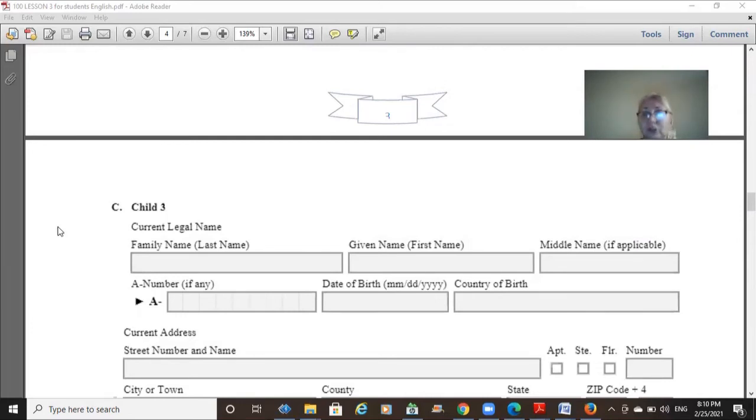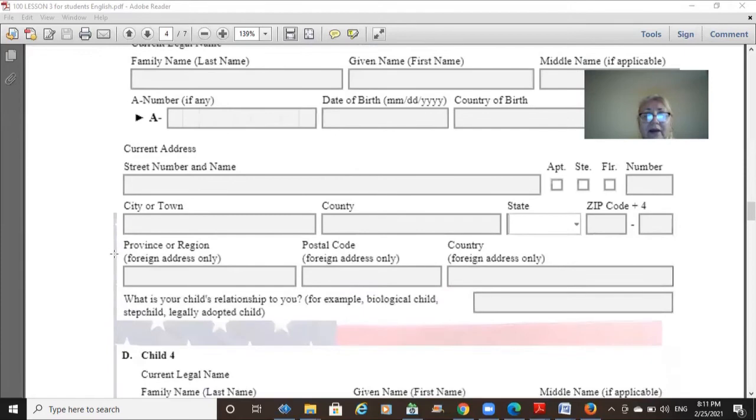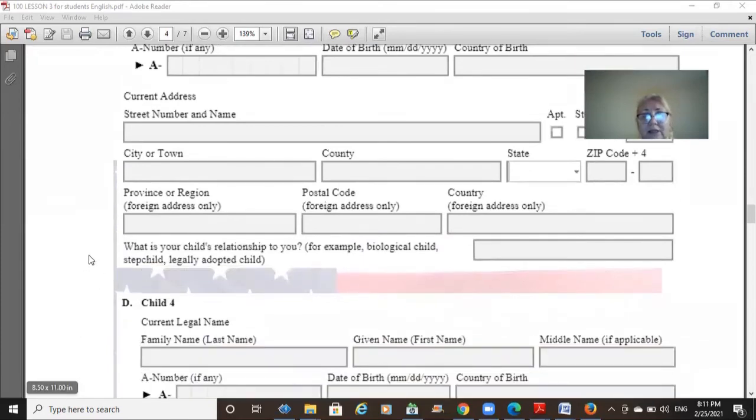And then you know which child they will be asking questions about. So for each one, you will need to remember the full legal name, whether they are U.S. citizens or lawful permanent residents, their date of birth, country of birth, their address, and what is the child's relationship to you.